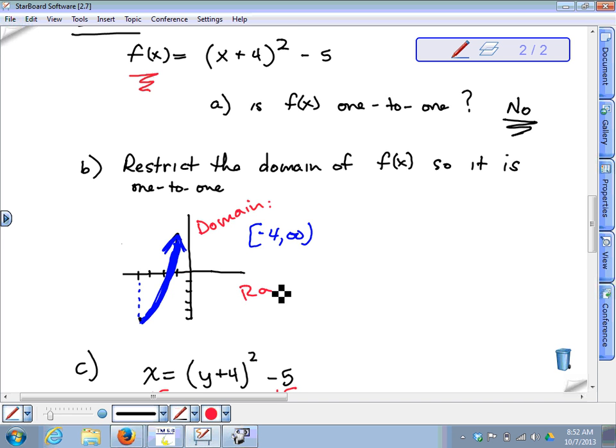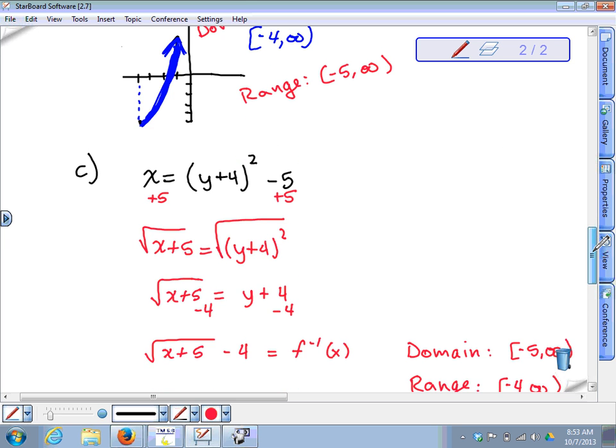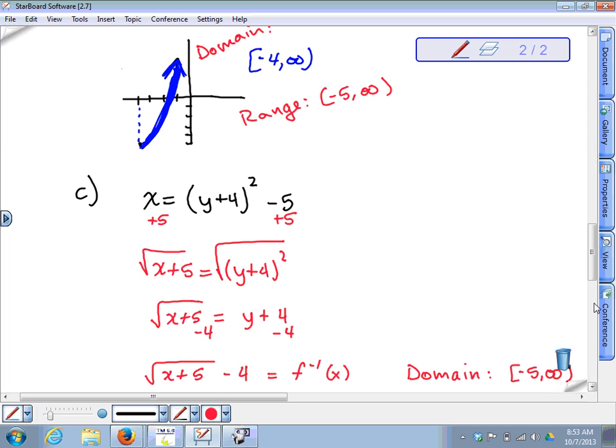What was the range of the original f of x function? -5 to infinity. So comparing the domain and range of the original function to the domain and range of the inverse, did we switch the place of x and y? Did the domain become the range and the range become the domain? Okay. Well, that's about it.